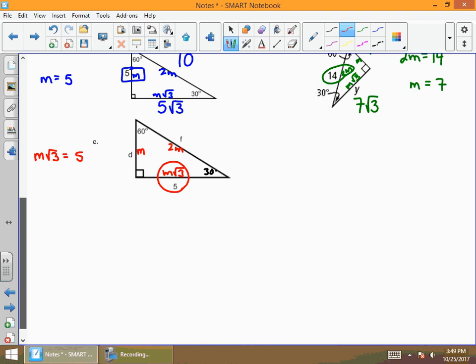And to solve this for m, my little shortcut is pretty simple. When I do these kind of problems, I'll take m, 5, and I just move my radical to the right. So 5 radical 3 over top of the number inside the radical. So 5 radical 3 over 3.